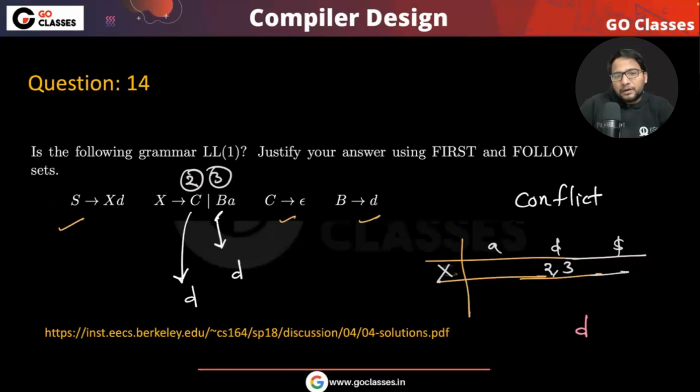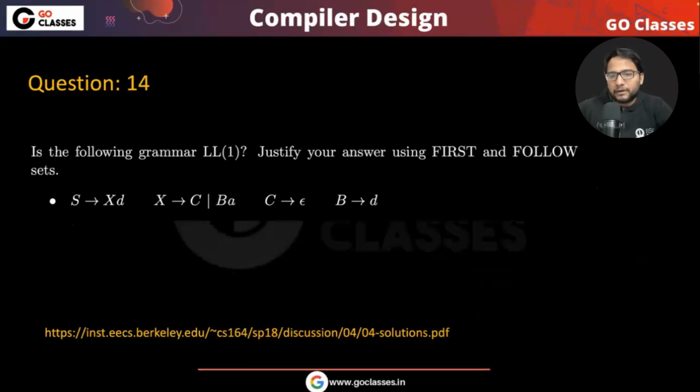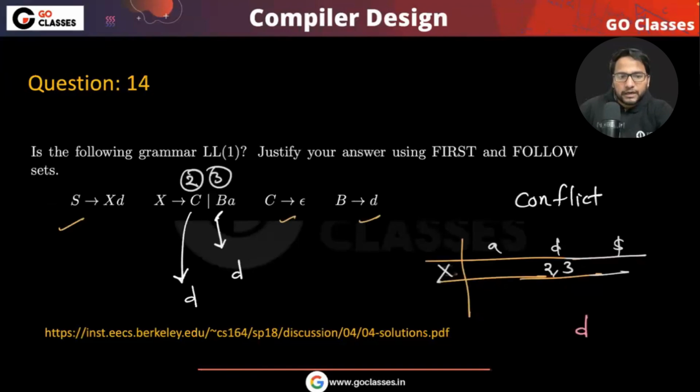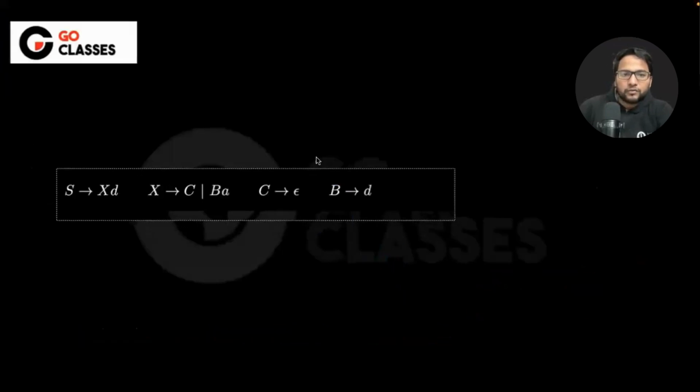So for example, let me just give you the example. See, let's just copy this grammar. Can you tell me some string that is in the language of this grammar? Let's just take some string, which will end with D and X. X is nothing but, this is anyway epsilon.